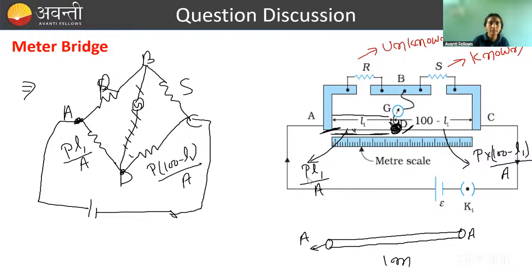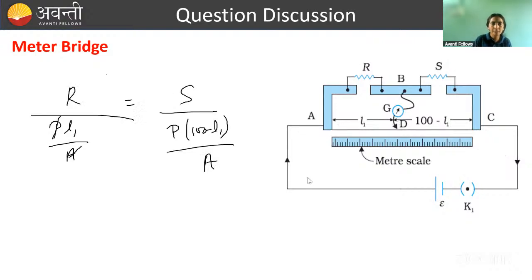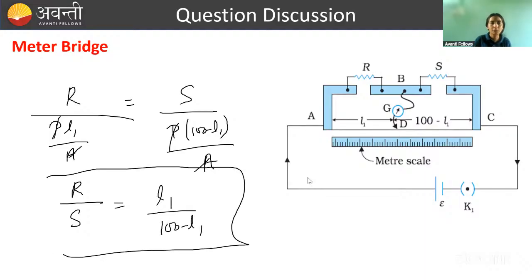If you do that, you can clearly see this will get cancelled and R by S will become equal to L1 by (100 minus L1). So you can use this to calculate the value of R, because L1 you can measure in the experiment hall with the help of a meter scale, right? So this way we can do it. This is the meter bridge and galvanometer.